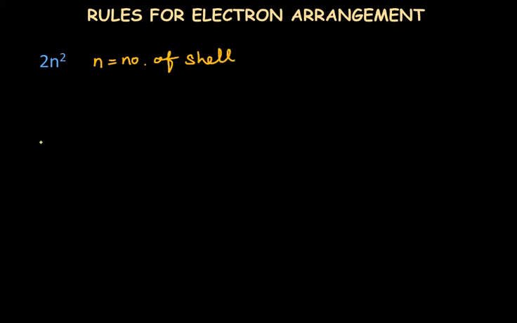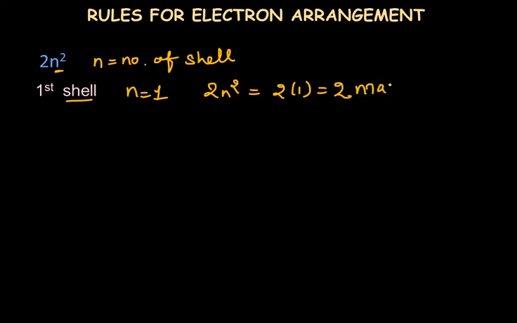For example, for the first shell, n is 1. Substituting n with 1, 2n squared gives us 2. What does this mean? This means that the first shell can have a maximum of 2 electrons only.